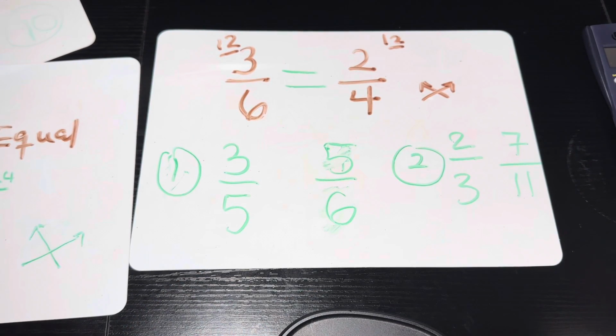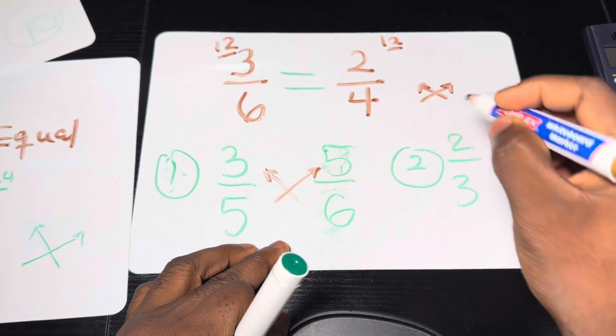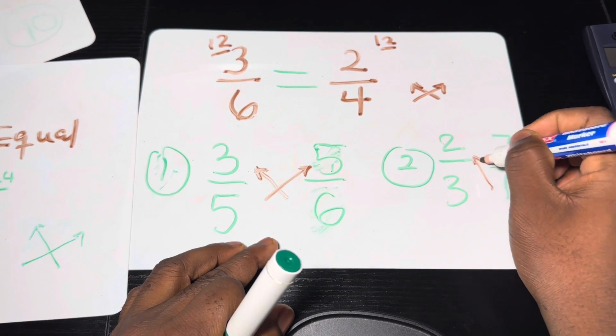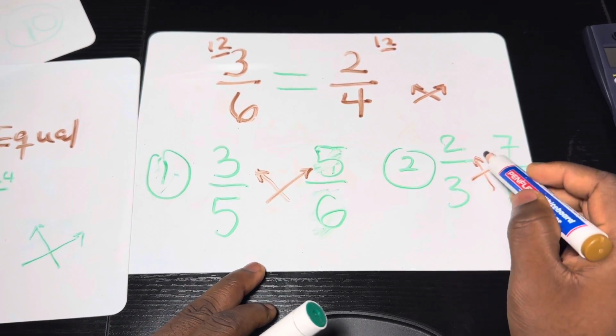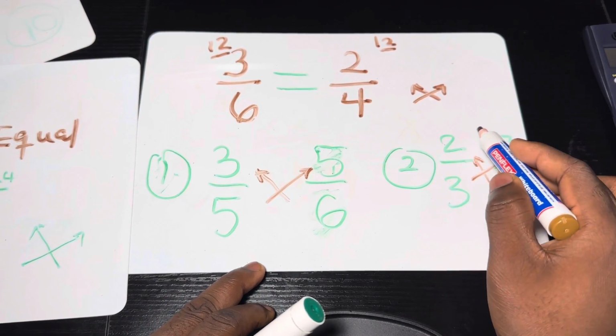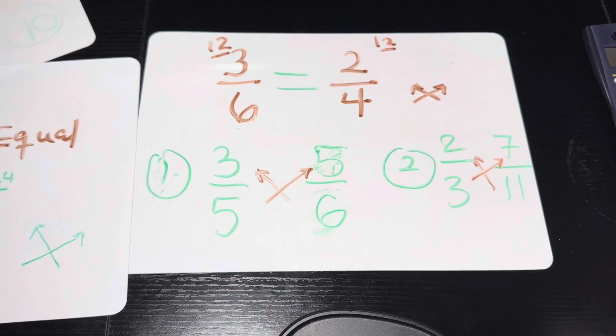Try these two examples using the cross multiplying method. If you want, you can draw the sign here, just so it becomes easy, so you know the numbers you are multiplying, and then after that you put the sign there. So if that is greater than that, you put the greater than sign there. If that is less than that, you put the less than sign there.